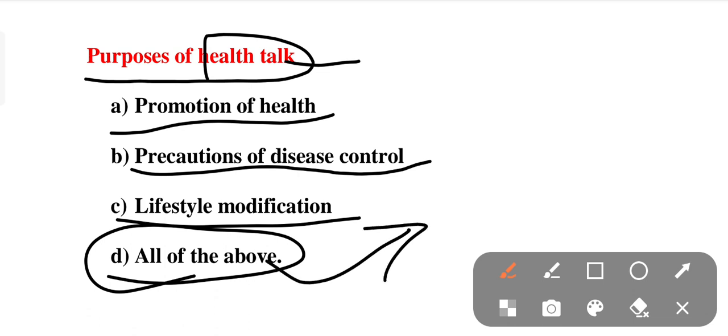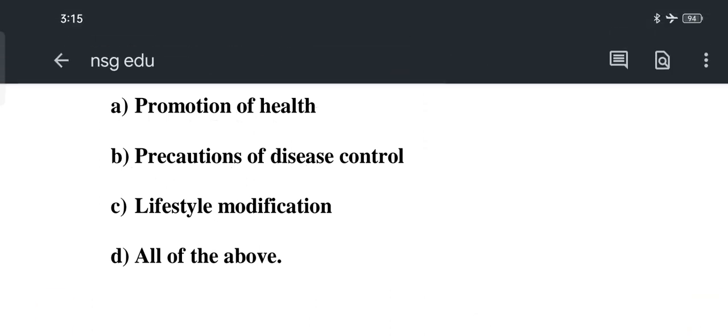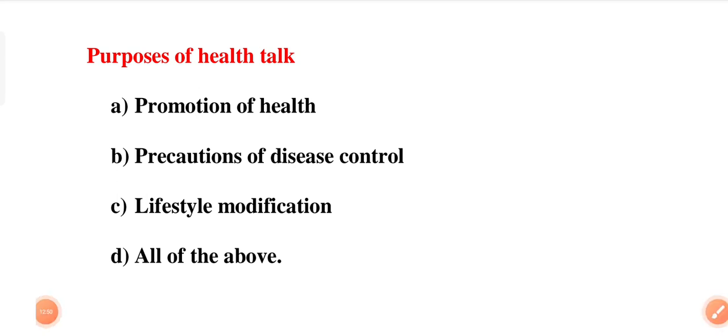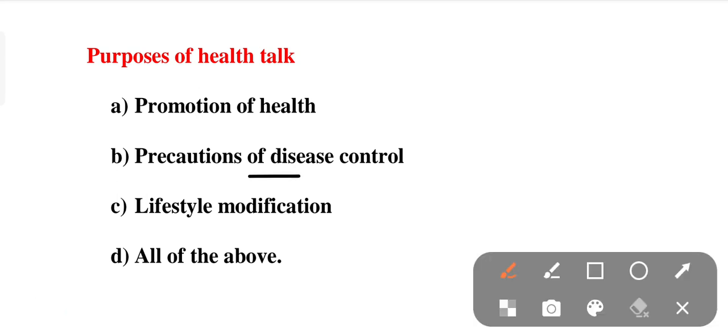So in the purpose of health talk, we can use health talk for the promotion of health for the patients, health promotion and precautions of disease control. We will explain by giving the health talk for the people in the community area.